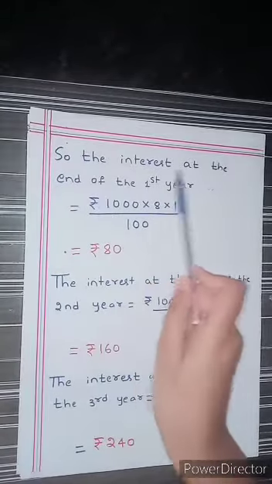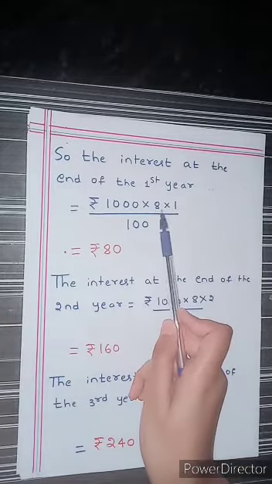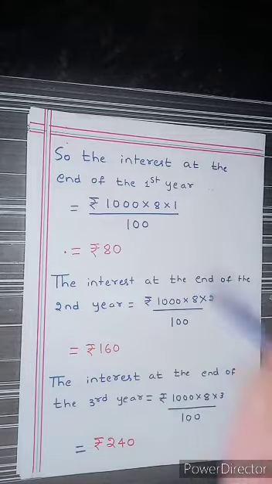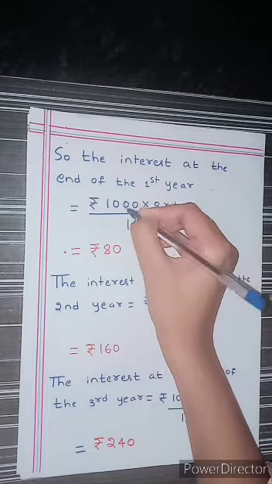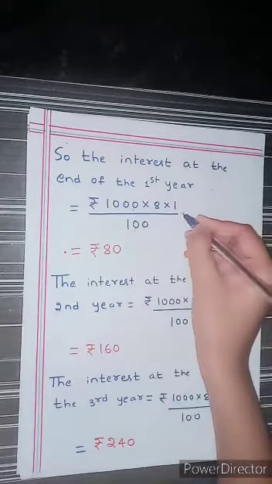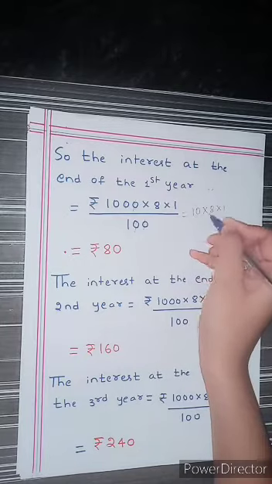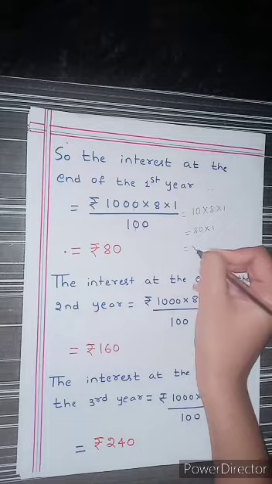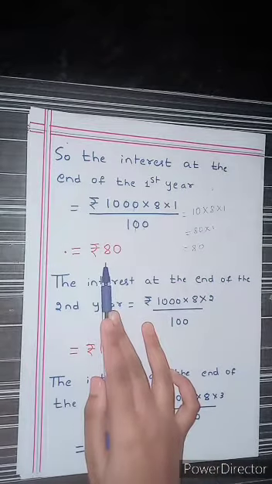So the interest at the end of first year is P is 1000 into R is 8, T means 1 year, so 1, divided by 100. So this 0 gets cancelled, this one, and remaining is 10 into 8 into 1, right? 10 8s are 80, into 1, 81s are 80. So the interest at the end of first year is rupees 80.